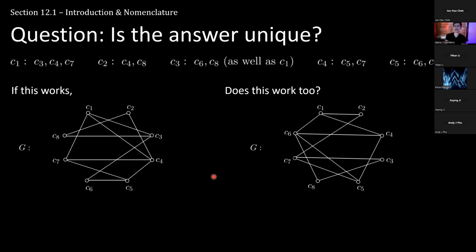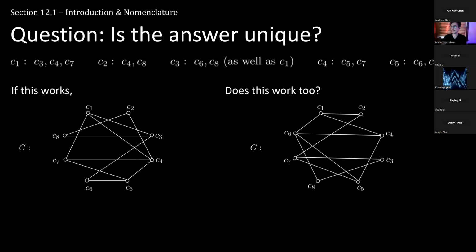Now, this is a question, and I want someone to answer. Is the answer unique? So that means if I draw this picture, and I draw this picture, does this work? Well, the answer is not unique.